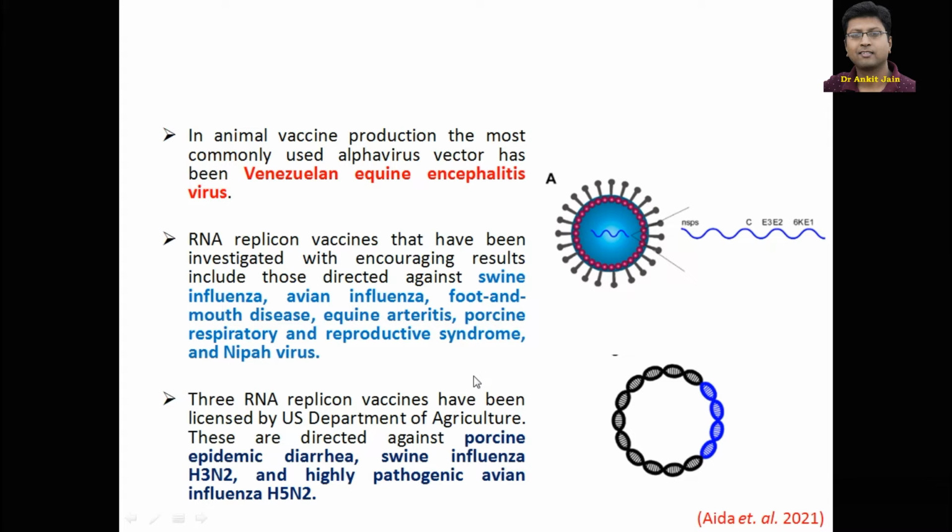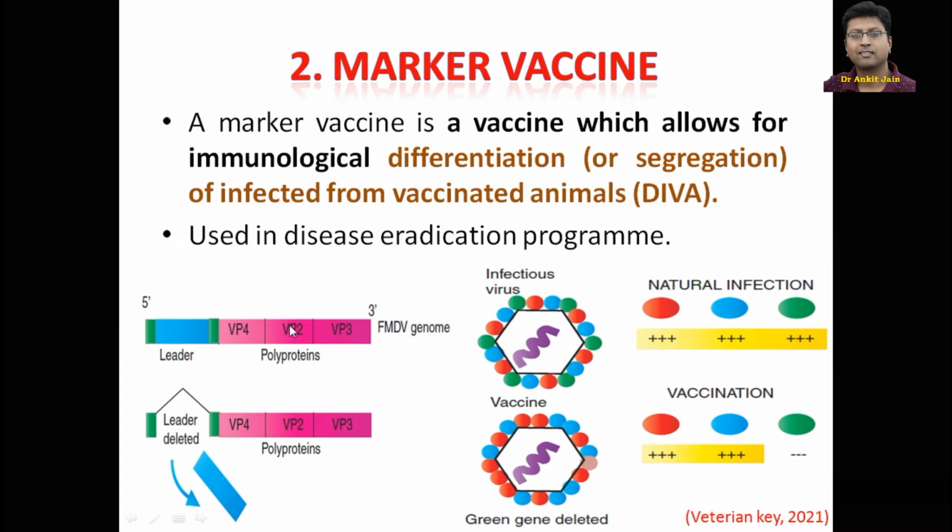And the US Department of Agriculture announced that these are the licensed vaccines for RNA: porcine epidemic diarrhea, swine influenza H3N2, and highly pathogenic avian influenza H5N2 vaccines. So these vaccines are now commercialized by the US department, and the others are under experiment.